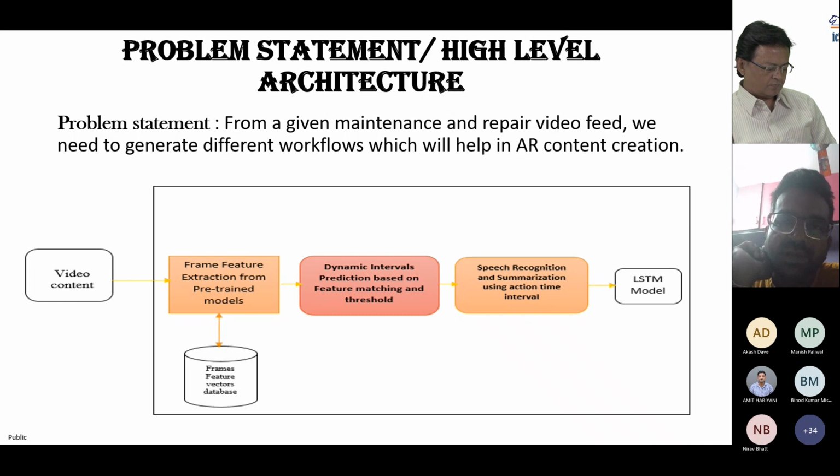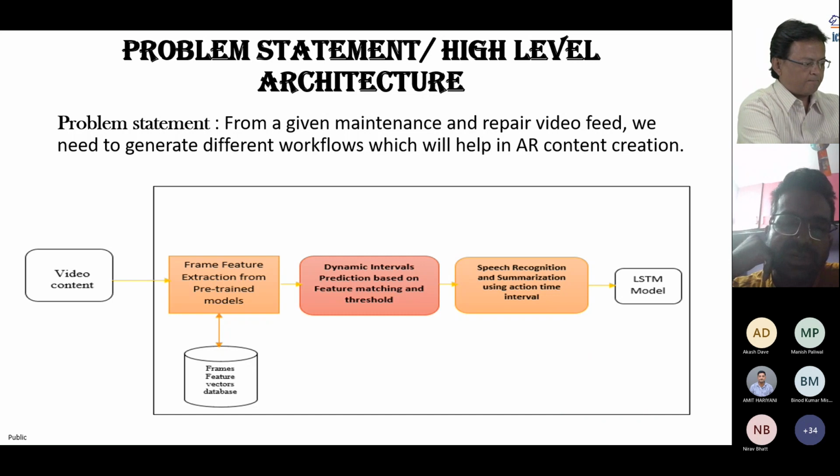Now, how do you segment it? The video content data has multiple features or frames, which differ from one frame to another. So we used an unsupervised approach where we took the video content data, extracted the frames, and used pre-trained models like CNN approaches or feature descriptors to extract the features.